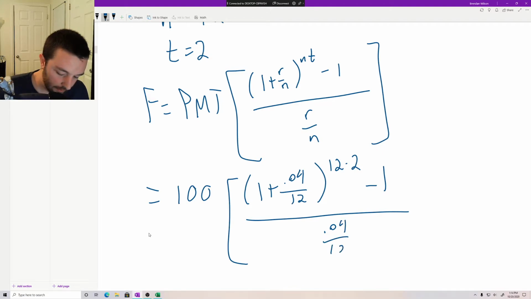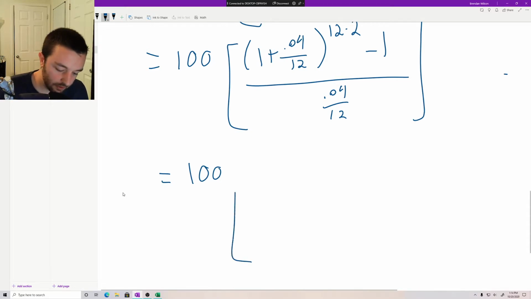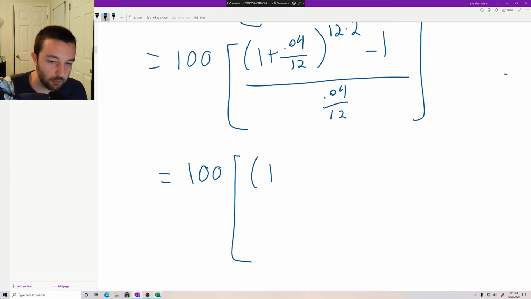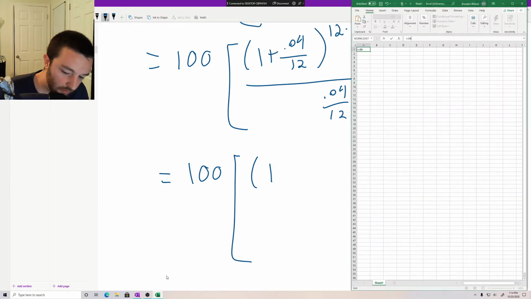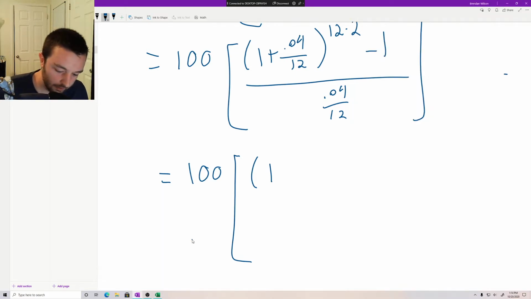Let's break this up into pieces, some of the easier parts. We have to be thinking of order of operations here. Let's do 0.04 divided by 12. We get 0.00333 repeating.